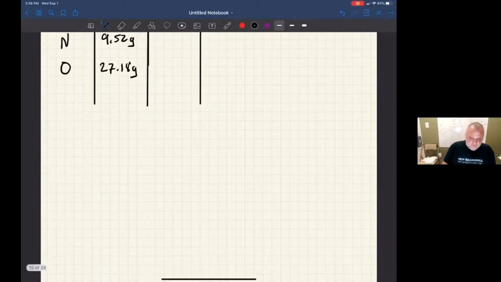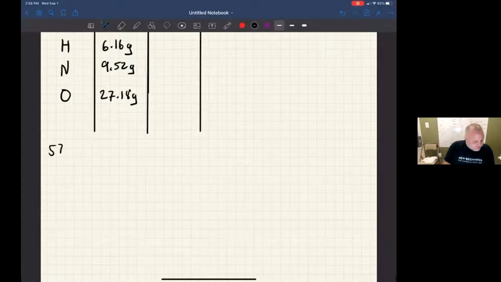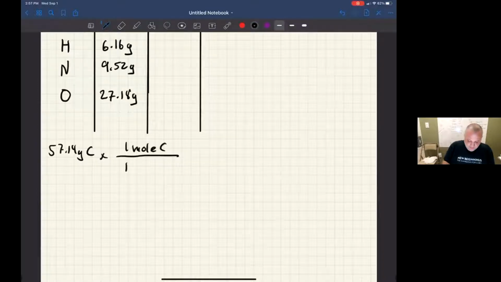And now I have to do a molar mass calculation that allows me to take those masses and convert them into moles. So I'm going to start off with the 57.14 grams of carbon divided by its molar mass of 12.011 grams per mole.